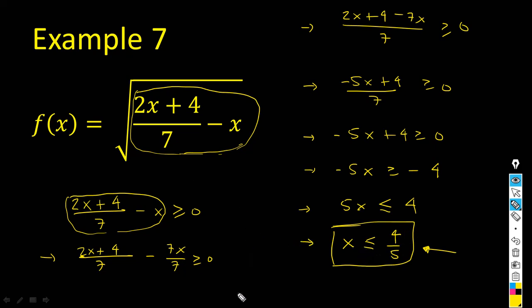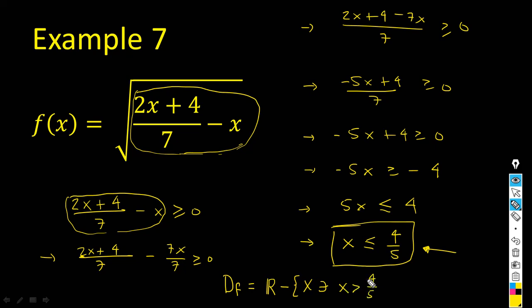Okay, so let's write the domain. The domain of f is equal to all the real numbers minus all those numbers x such that do not respect this requirement. And how can I write that? Such that x is greater than 4 over 5.